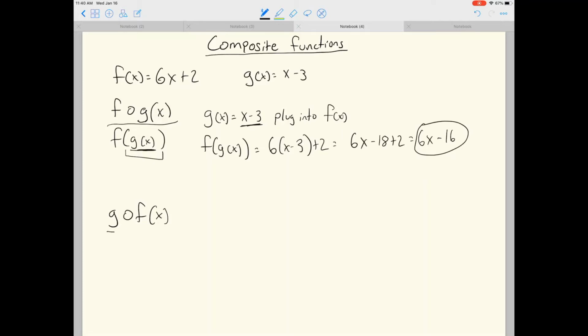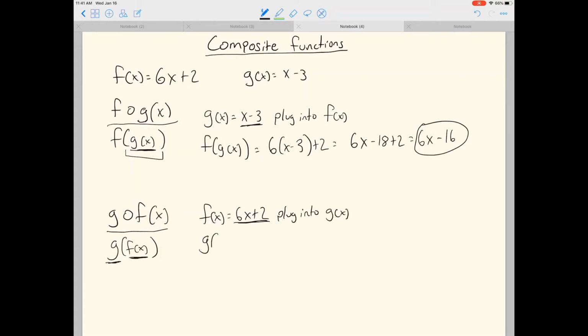When we move down here to g of f of x, it's rewritten like g of f of x. So now we're taking our f function and plugging it into the g function. So the order matters here. The f of x is equal to 6x plus 2, and now this I will be plugging into my g of x function.